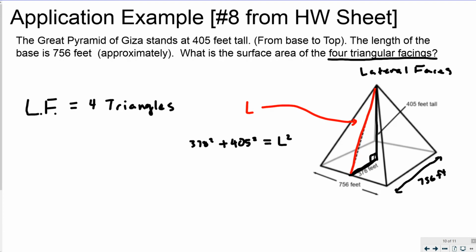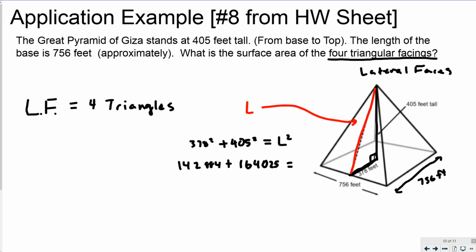You're definitely going to need a calculator for this, because these are some pretty big numbers. 378 squared is 142,884. 405 squared is 164,025.